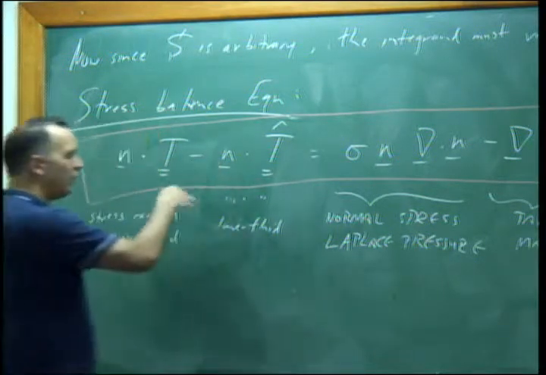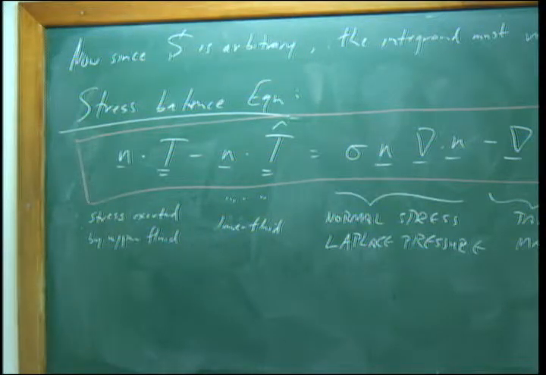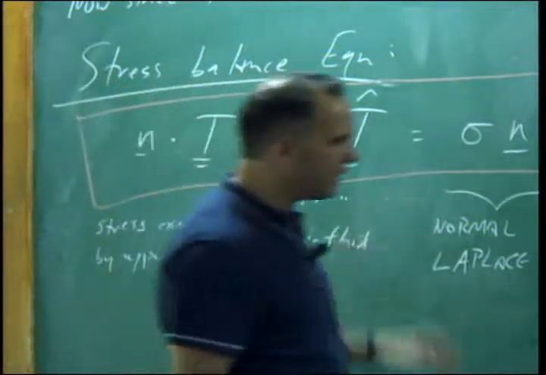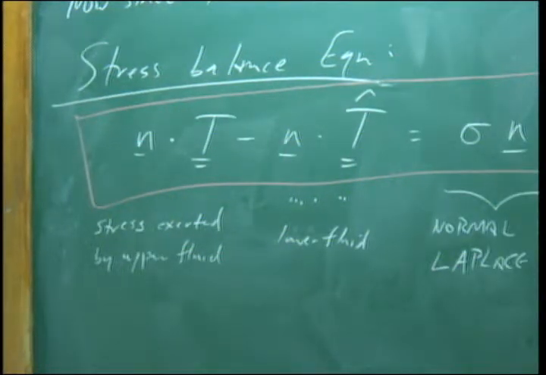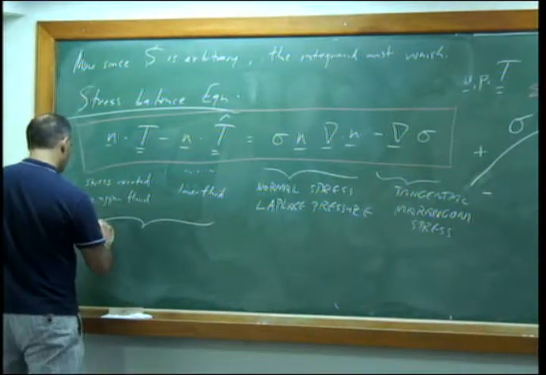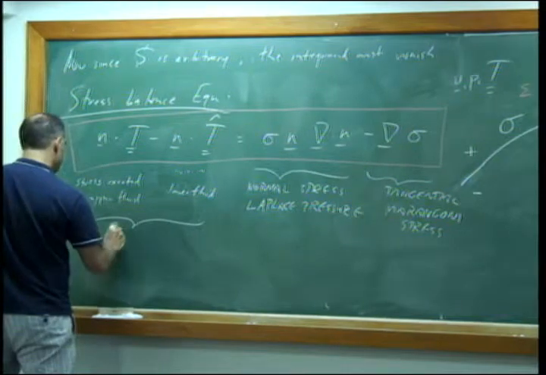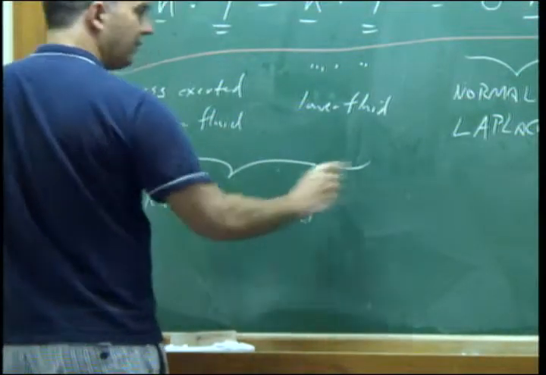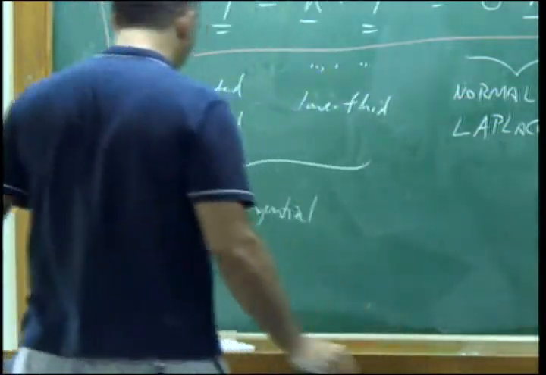These in general will have both normal and tangential components, right? And so what we'll do now is write out the normal and tangential components. So we see that this purely has a normal component, this is purely tangential.